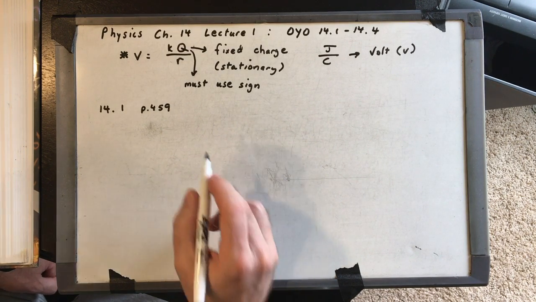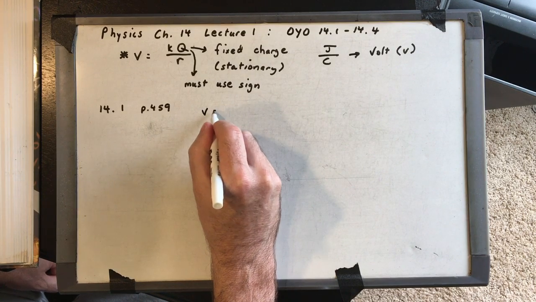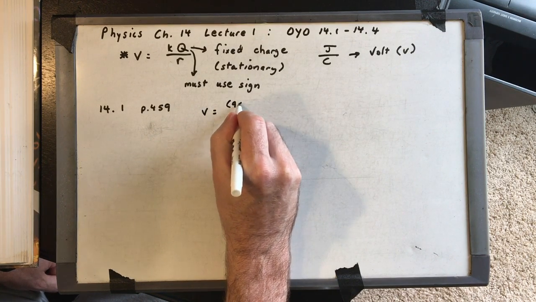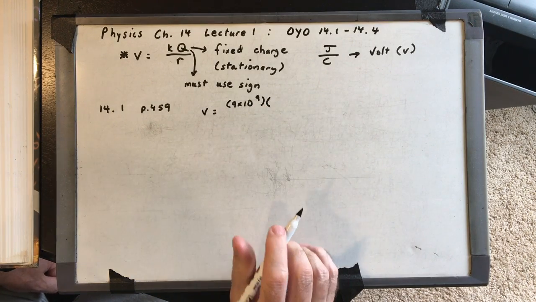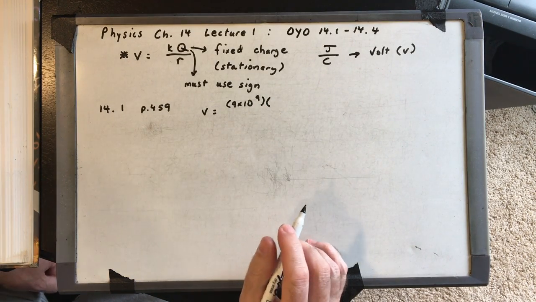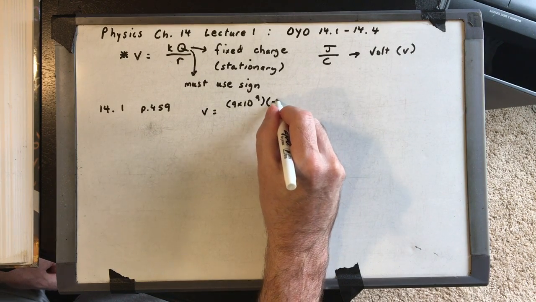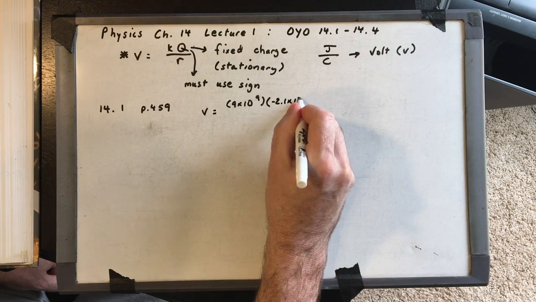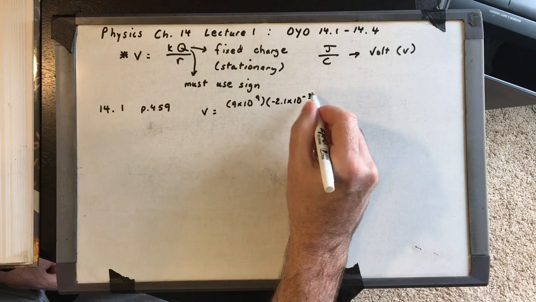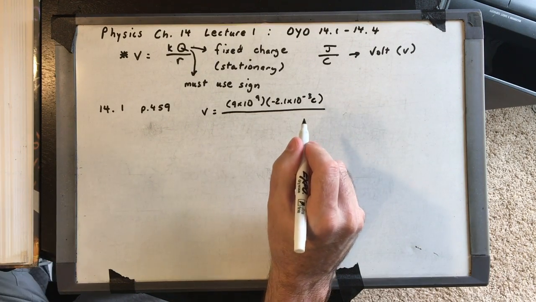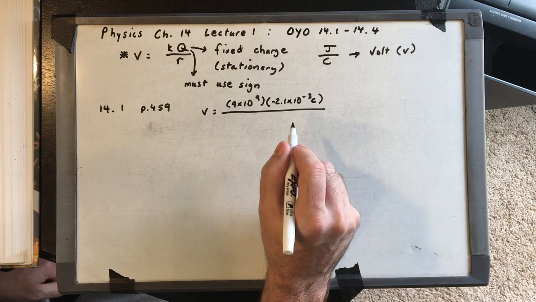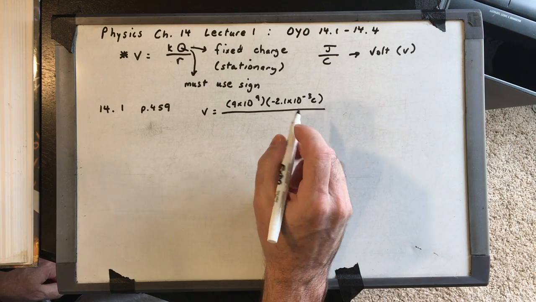What's the electric potential? Okay, so K is 9 times 10 to the 9th. Big Q, all right, that is the anchored charge. So negative 2.1 times 10 to the minus 3 coulombs, since it's millicoulombs. And the distance between the moving charge and the anchored or fixed charge is 61 centimeters.